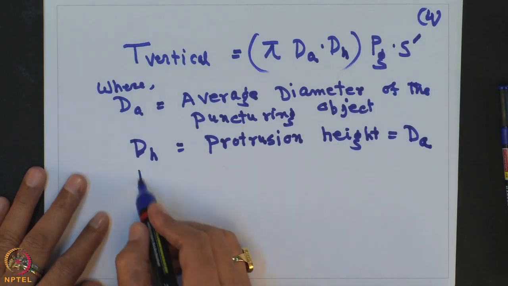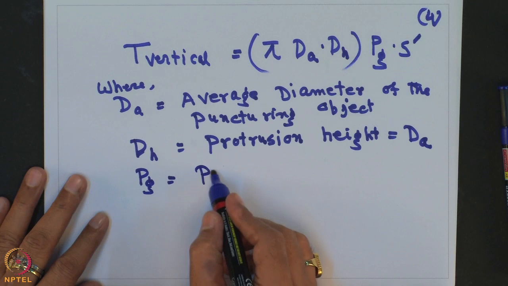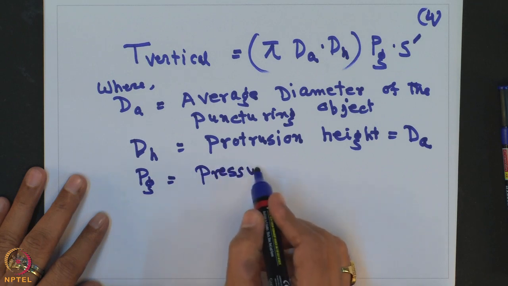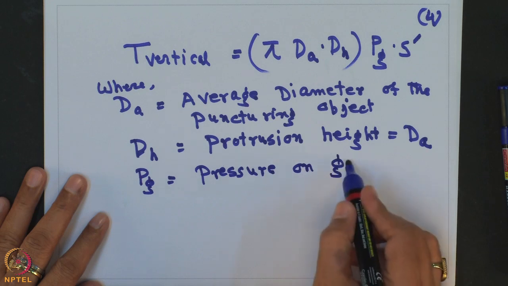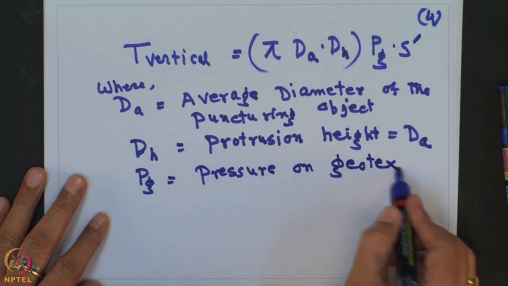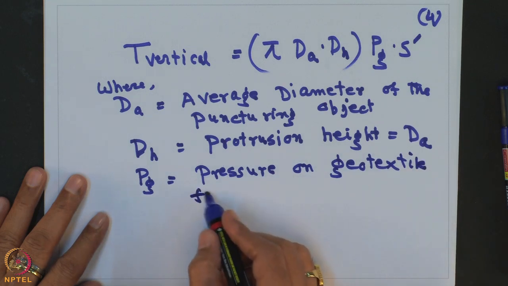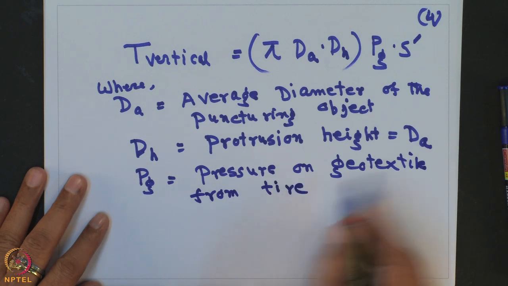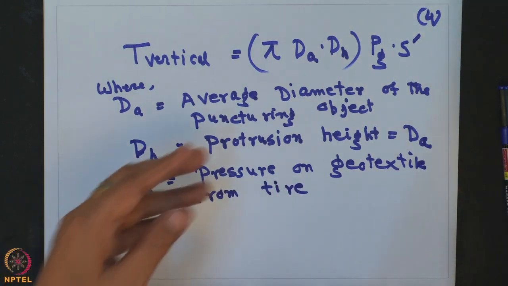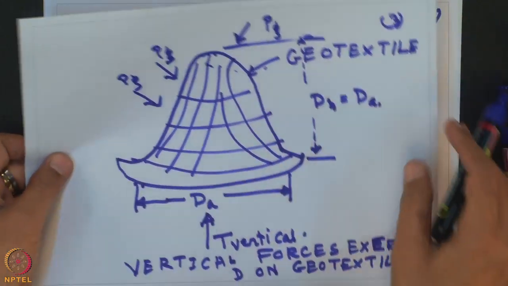And Pg is the pressure on the geotextile from the tire.